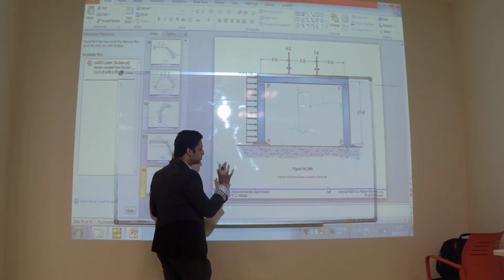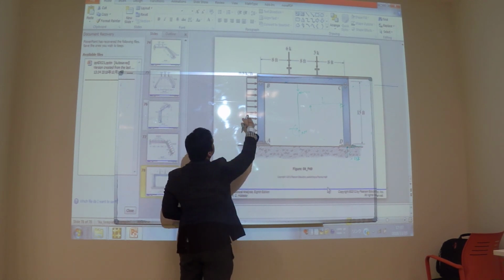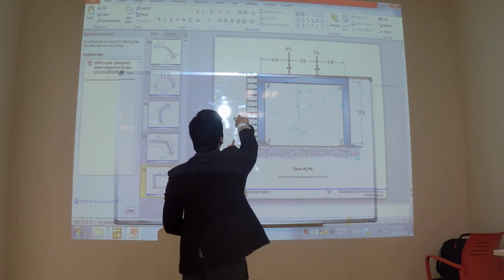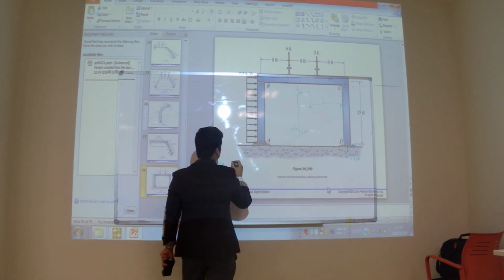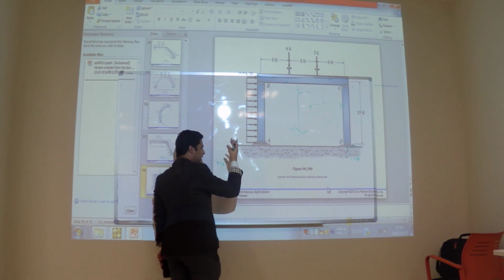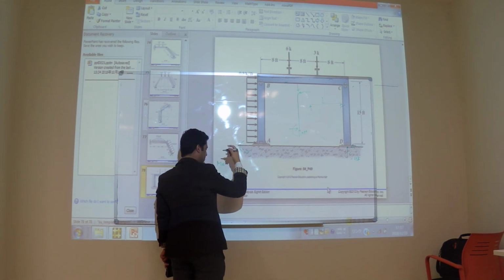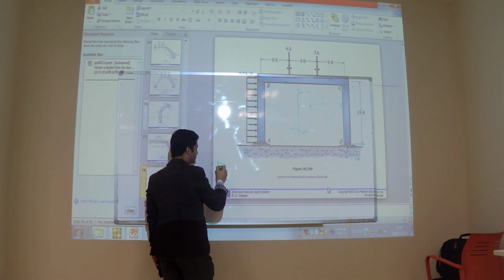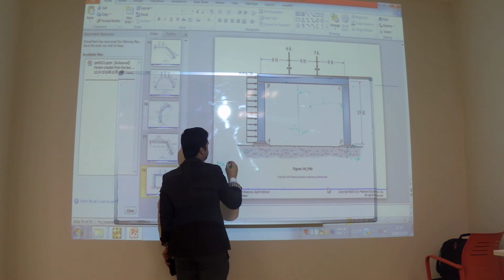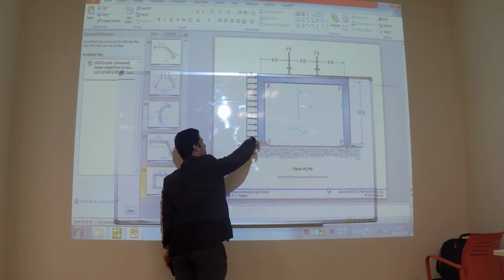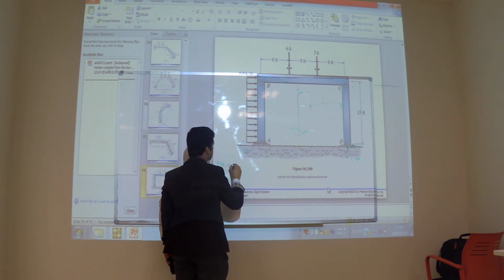It is not 0. This is 0.8. You can assume that the moment at this point is, let's suppose, counterclockwise, so you can take it positive. And clockwise is minus, plus 0.8.